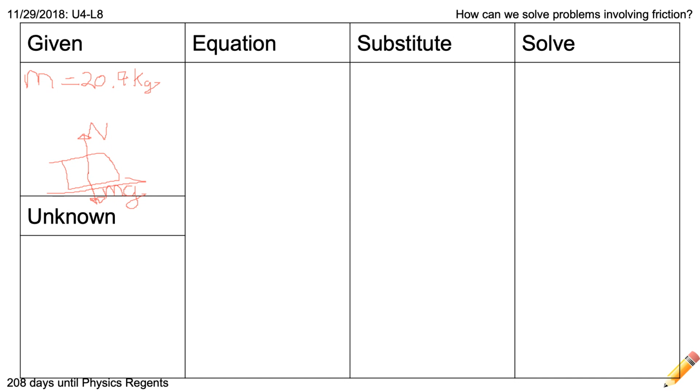And we know that g is 9.81 meters per second squared. We're trying to figure out the coefficient of, in this case, kinetic friction.